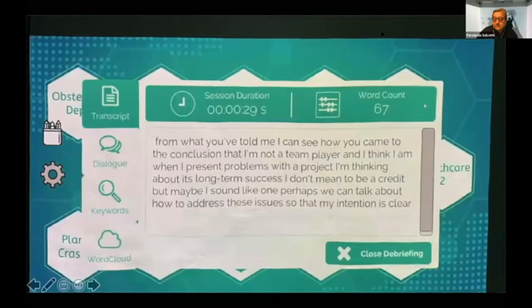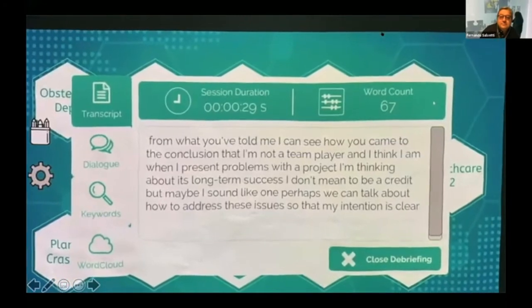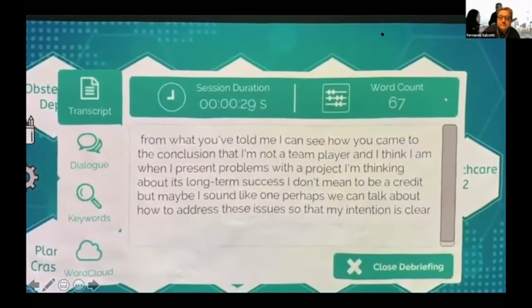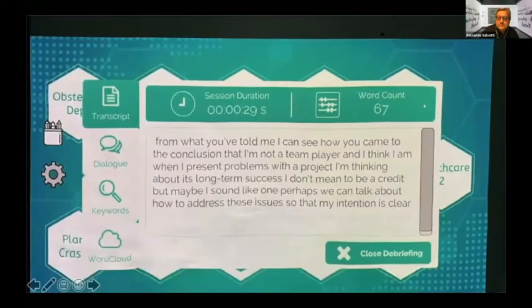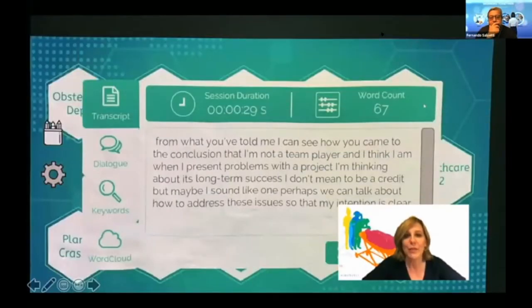In this peek, we can see the report delivered by the tool at the end of a conversation. On the top, we have the indication of the session duration and the total number of words. On the left side, we have 4 different commands.